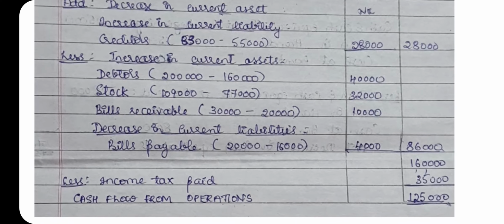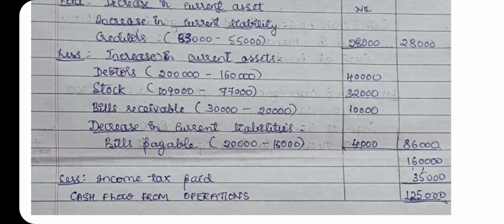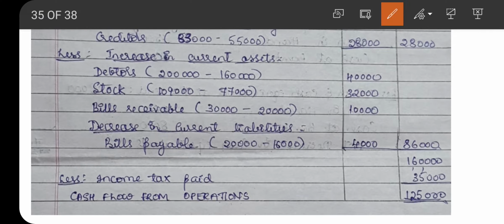Then less increase in current asset. We have three items: debtors, stock, bills receivable. For debtors, as I have already explained, 1,60,000 was the opening balance, closing balance is 2 lakhs, so the difference is 40,000. Stock opening balance was 77,000, closing balance is 1,09,000, the difference is 32,000.